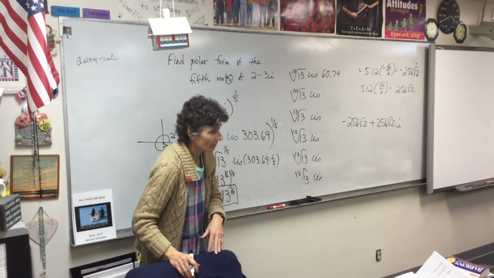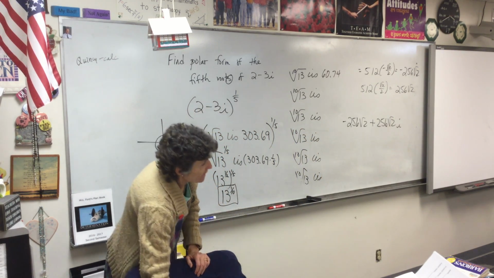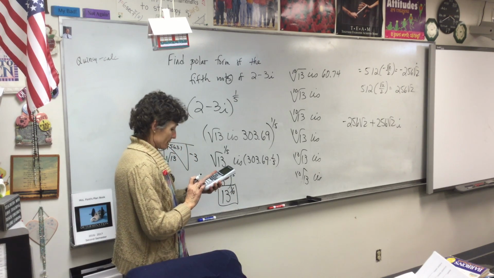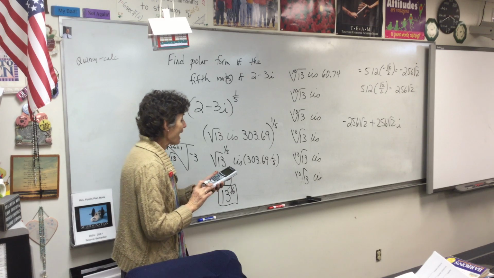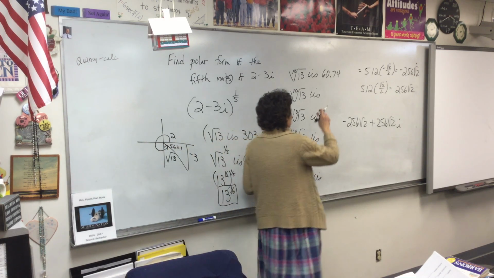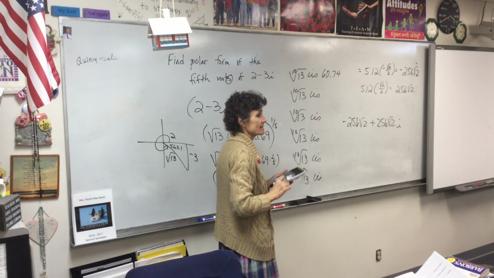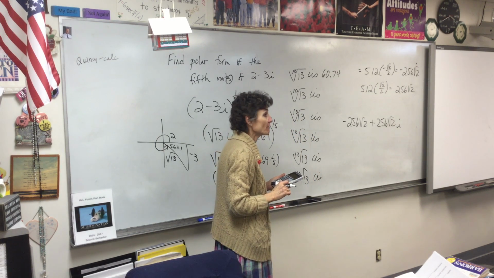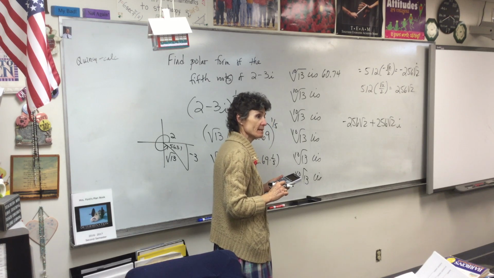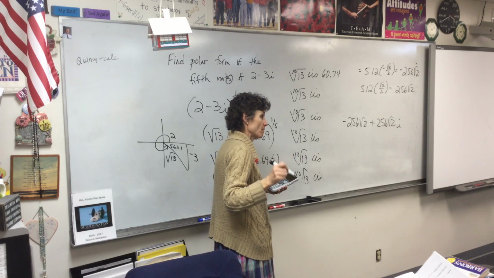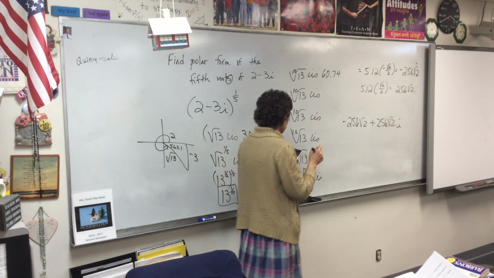And how am I going to find the angles? 360 divided by 5, and then you add that number. So I'm going to be adding 72, because 72 is a fifth of 360. And if these are all spread out evenly, they're 72 degrees apart. So I'm going to add 72.